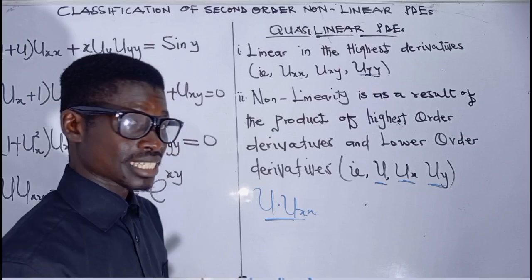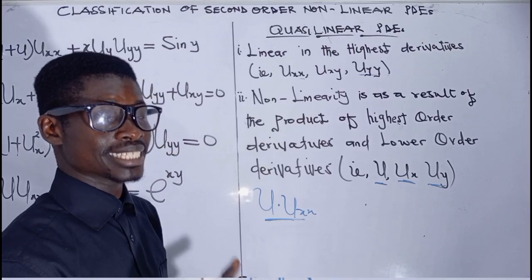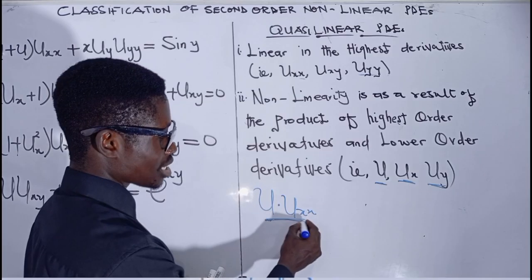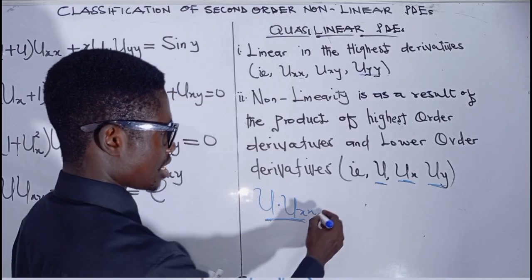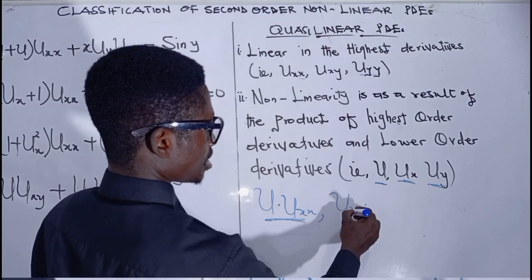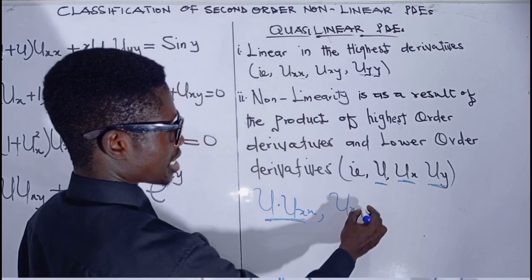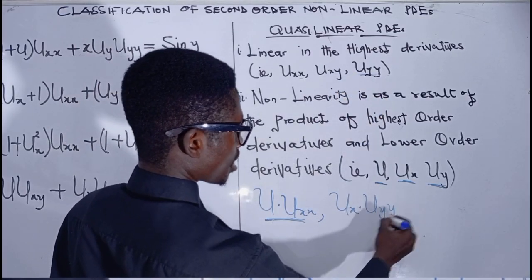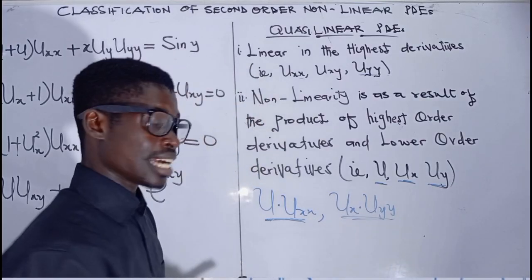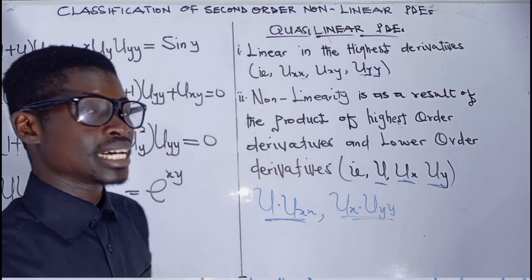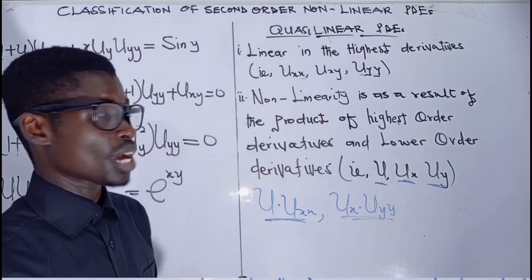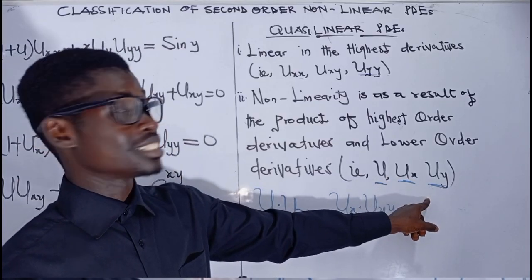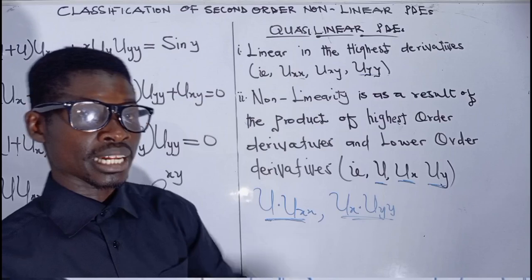If this happens, then we can see that that nonlinear PDE is a quasi-linear PDE because we have a lower order derivative multiplying a higher order derivative. Now we can have the partial derivative with respect to x multiplying any of the highest derivatives such as uyy. And when this happens, that PDE becomes a quasi-linear PDE. So with the quasi, we shall be looking at the product of any of these lower order derivatives multiplying the higher order derivative.